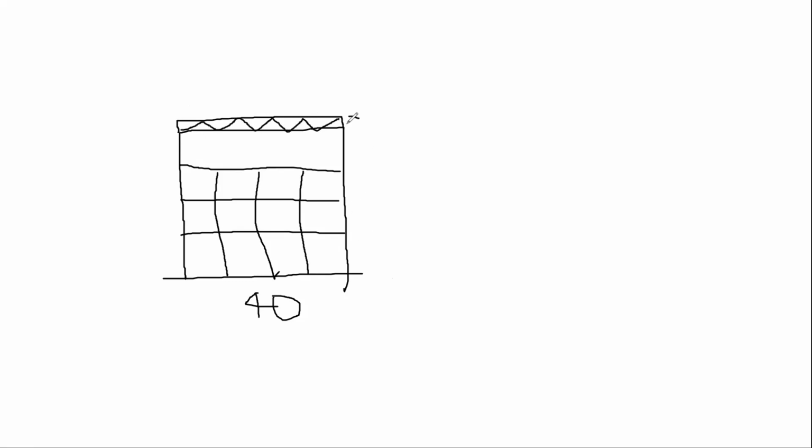Now, from what we know, this truss is going to be about the span divided by, well, shall we say, 8. So for this building, if we want to span 40 meters, then the trusses have to be about 5 meters deep.